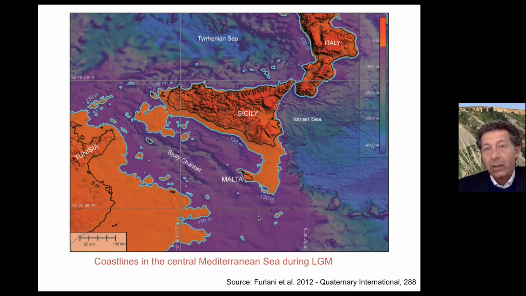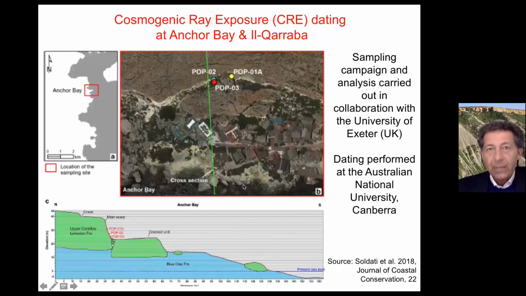So again, look back at the situation of about 20,000 years BP during the last glacial maximum, when the sea was at -130 with respect to today. The situation was this. And at that time, these cliffs were far from the coast, about 800 meters to 1 kilometer.